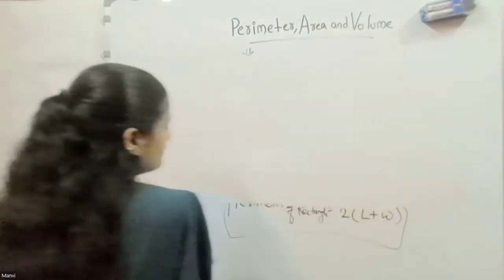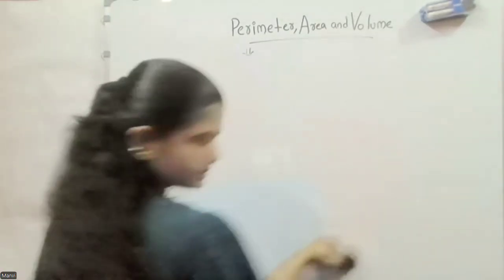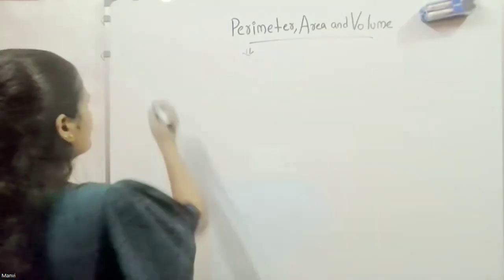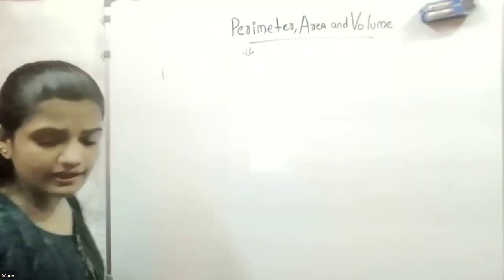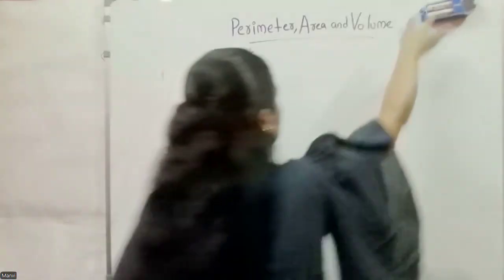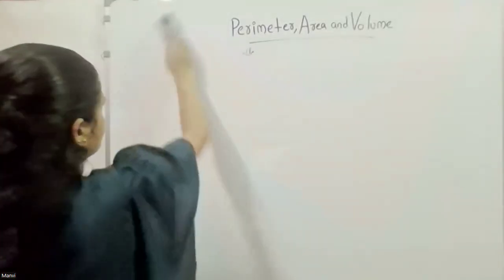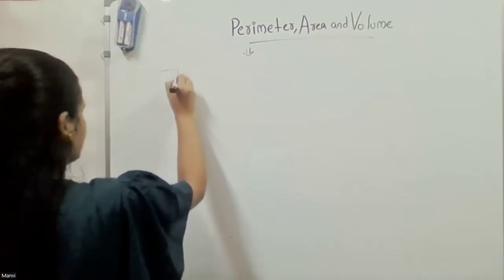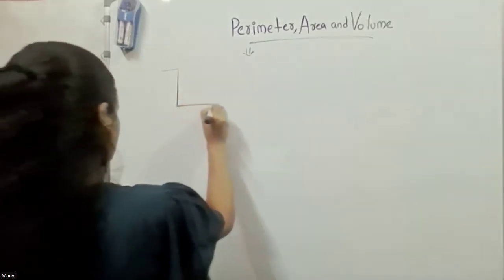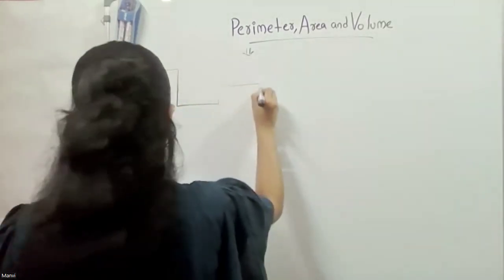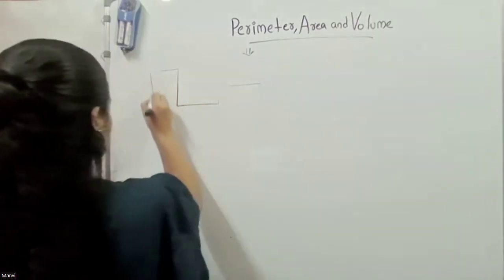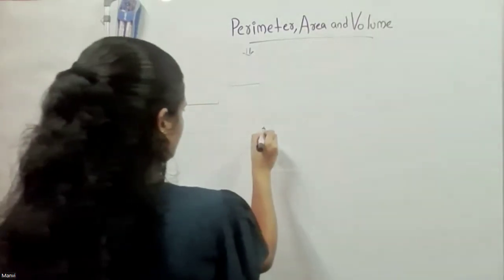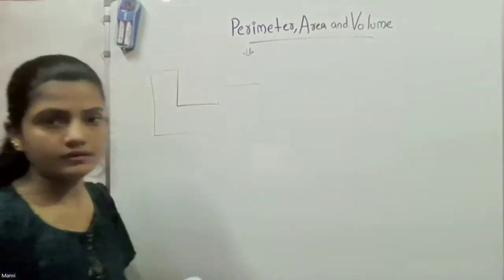Sometimes we have some compound shape. We can draw it this way, whose length and width are actually not fixed. A shape like this.